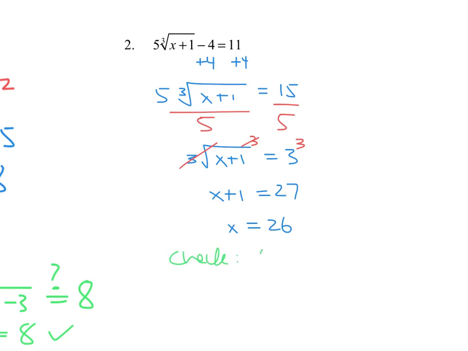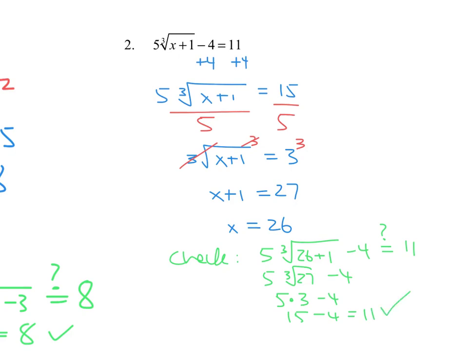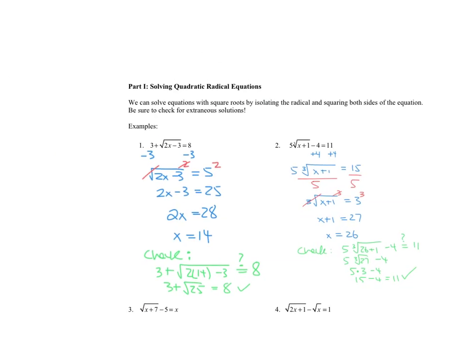So 5 cube root of 26 plus 1 minus 4. Hopefully that equals 11. We get 5 times the cube root of 27 minus 4, which is 5 times 3 minus 4. 15 minus 4, which does equal 11. So we're good. The answer worked.